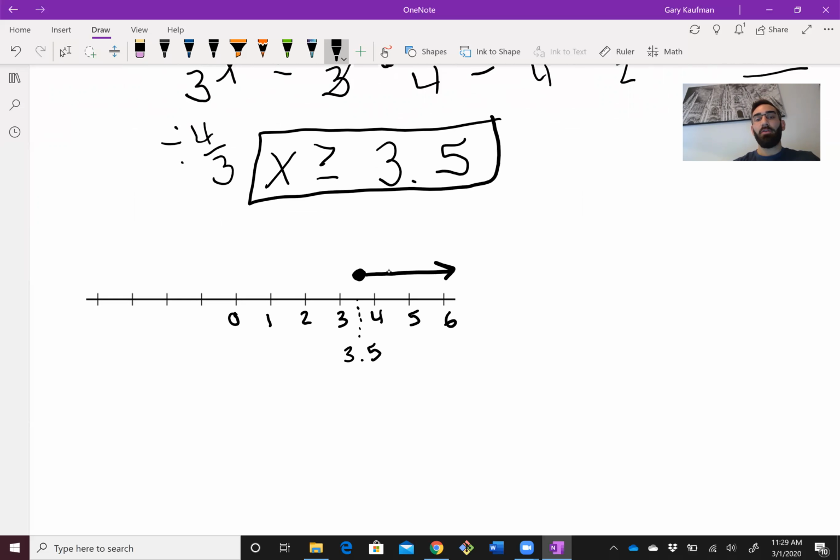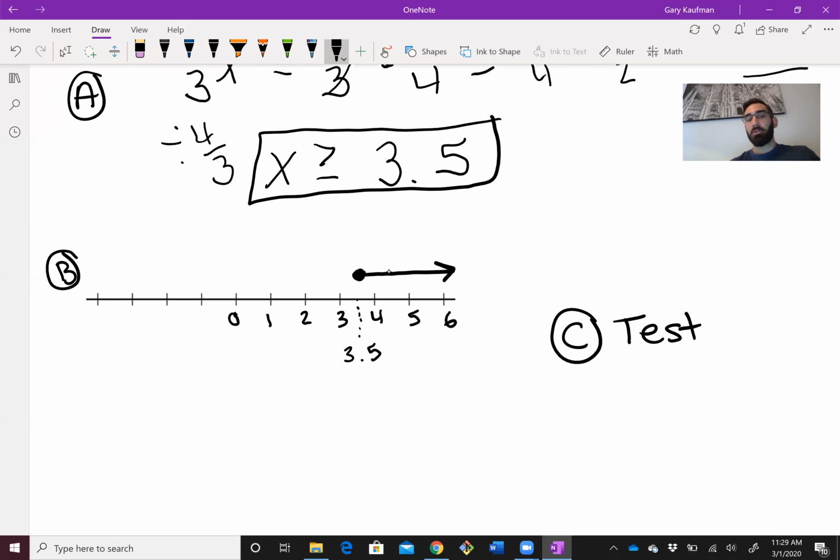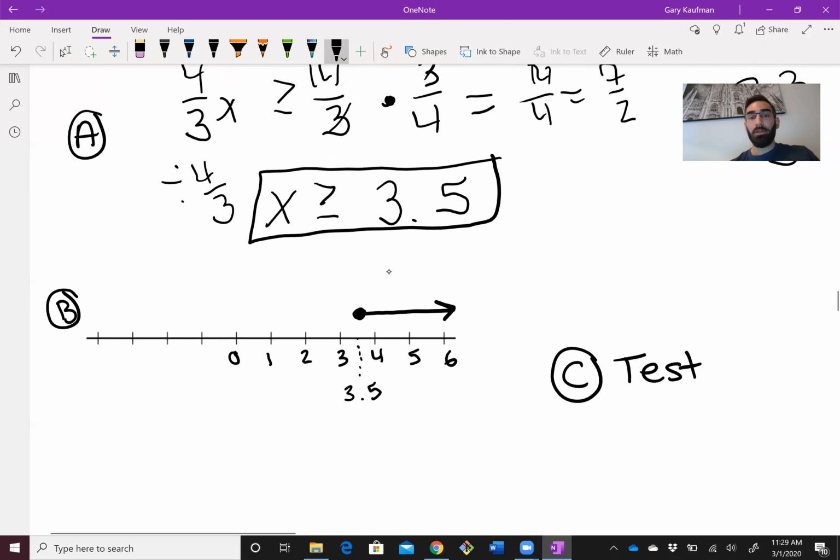Greater values are over here. But remember what I said part C was. This was part A, solving. Part B was graphing. Part C is test. So we're going to test. I'm going to just pick 5. When we test, we go to the original.